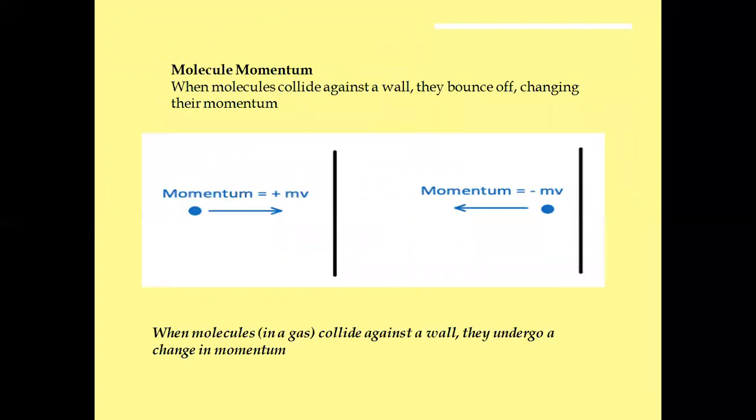Molecules and momentum. When molecules collide against a wall, they bounce off and change their momentum, as you see here. When molecules in a gas collide against a wall, they undergo a change in momentum: toward the wall, positive mv; from the wall, negative mv. So there is a change in momentum in this case.